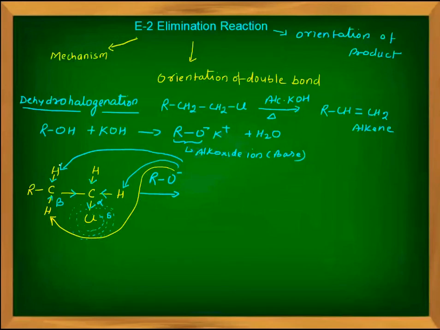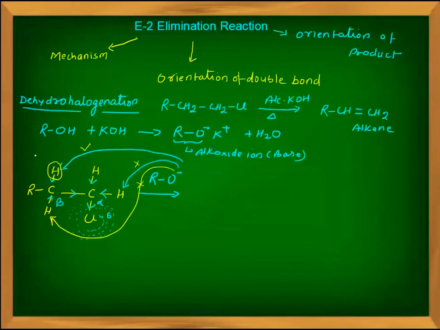However, when we consider this hydrogen, which is anti-periplanar to the chlorine, there is no electronic field around this hydrogen. So the base can easily abstract this hydrogen. That is why this reaction is possible. This is relatively not possible, and this is also not. So the base abstracts the hydrogen which is anti-periplanar to the chlorine.